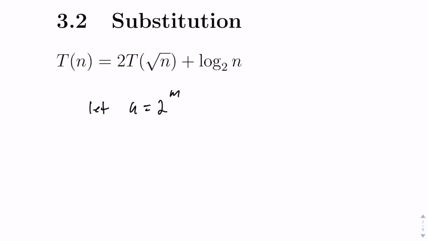So here we're going to let n be 2 to the m, which implies that m is log base 2 of n. Now we can already tell that this is probably a good substitution to make because log base 2 of n is in the recurrence. So sweet.